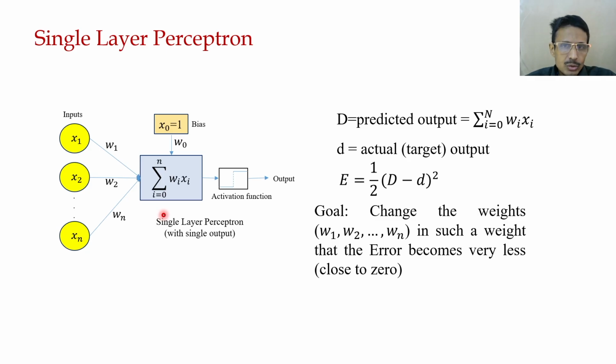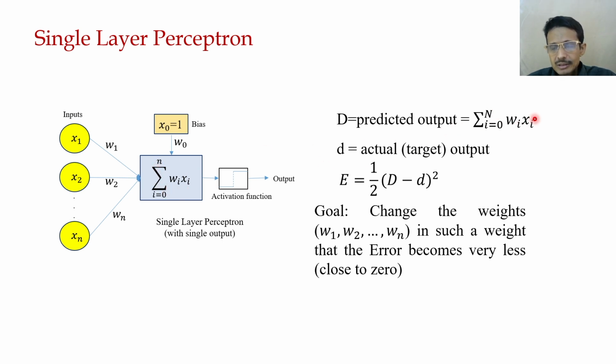Here there is an error when you predict something for a given set of data. This is the prediction, the sum of WiXi from i equals 0 to n, as we have done here.